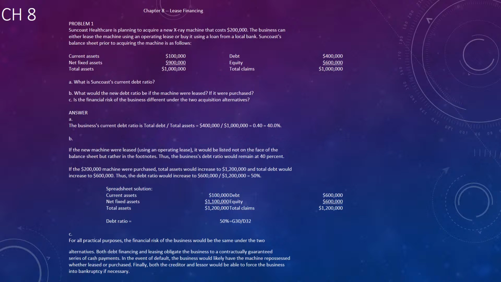So then let's go down to that last question. Is the financial risk of the business different under the two acquisition alternatives? Really, it's the same. Their debt ratio will change a little bit, but really it's the same, and here's why. Debt financing and leasing both obligate the business to a contractually guaranteed series of cash payments.